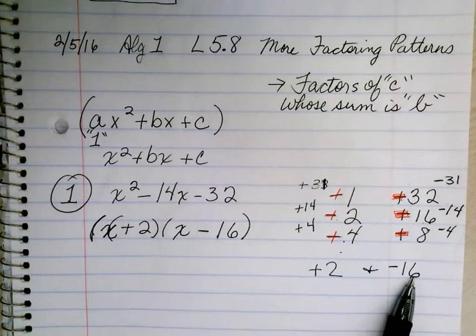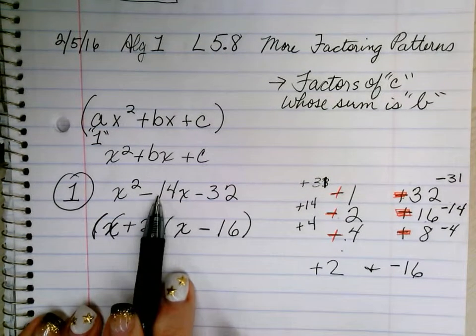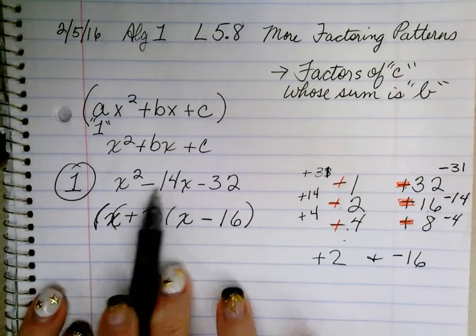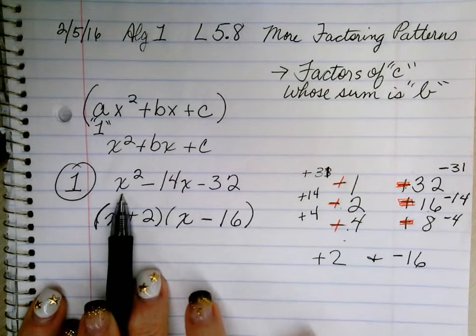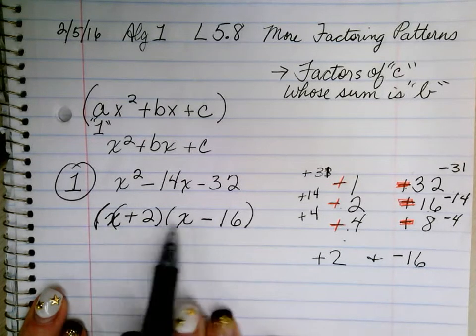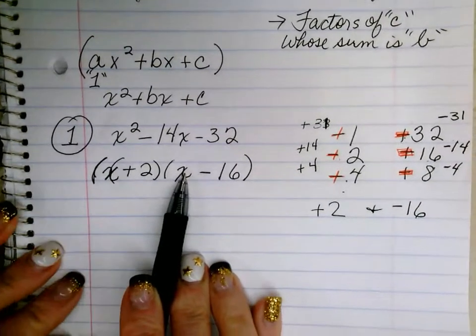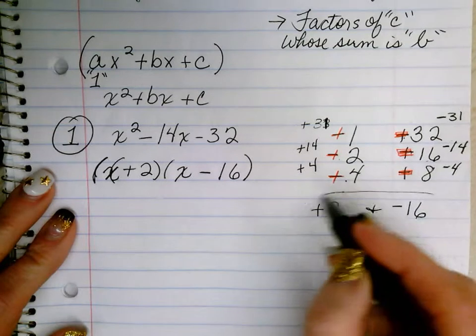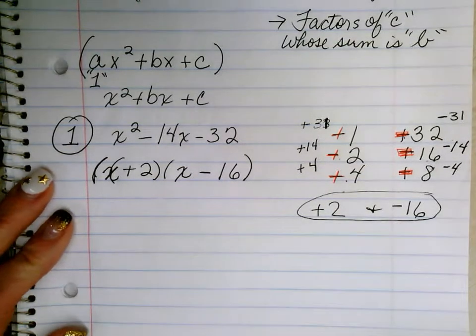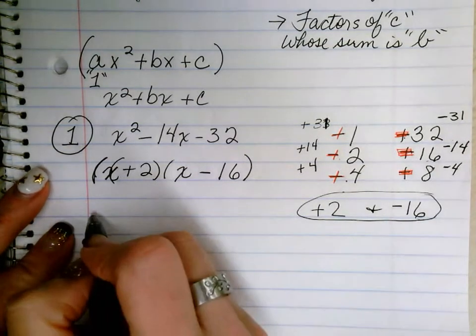When added together, do give me negative 14. Okay? So whatever is sitting here in the A position, if it's a square, square root, square root. But just like the previous lessons, I had you guys identify what you picked, and then we're going to FOIL it, okay, just to test it.